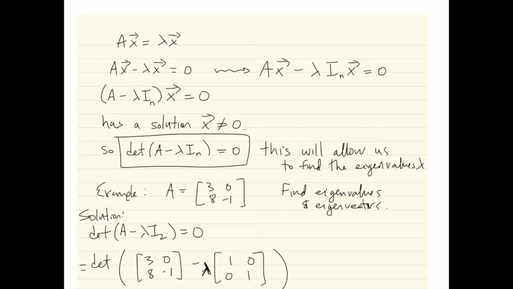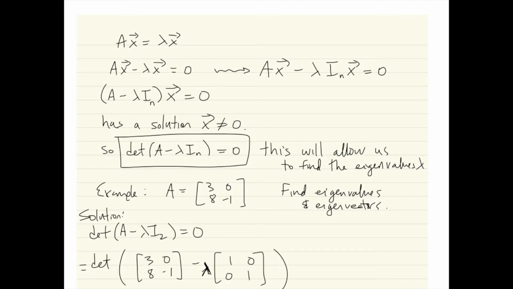And then let's write this lambda as lambda times the n by n identity matrix times this vector x, to do this next step of factoring out an x. And so we have A minus this matrix here, which is just lambdas along the diagonal, times x equals 0.